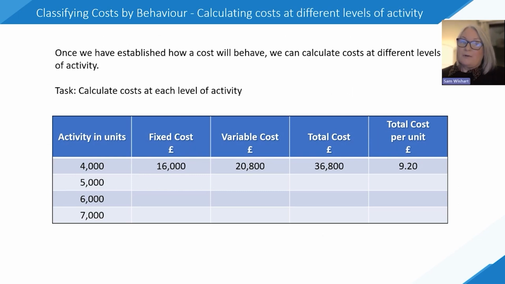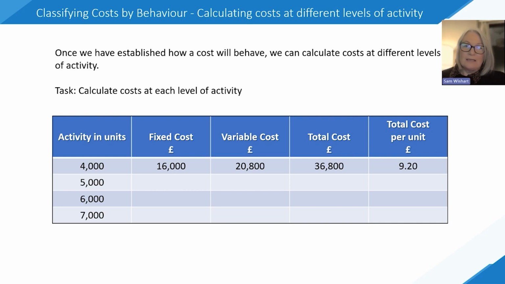So once we've established how a cost will behave, we can calculate costs at different levels of activity. So you might come across this type of example in the quizzes and in your assignments. Quite often in this unit, you will find that information is presented in this tabular format. So it's worth just familiarising yourself with the column headings and the row headings, just so you can understand what's required.